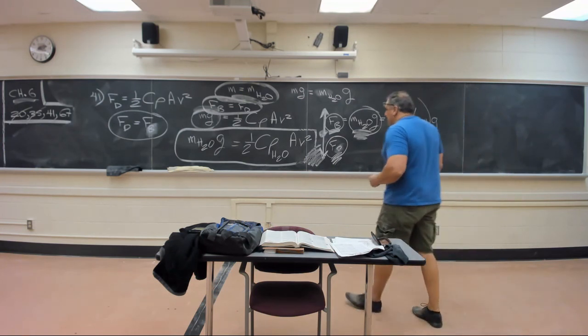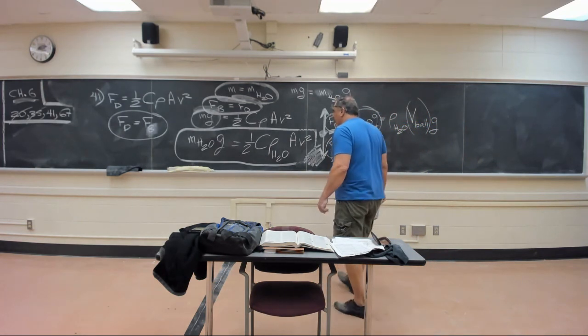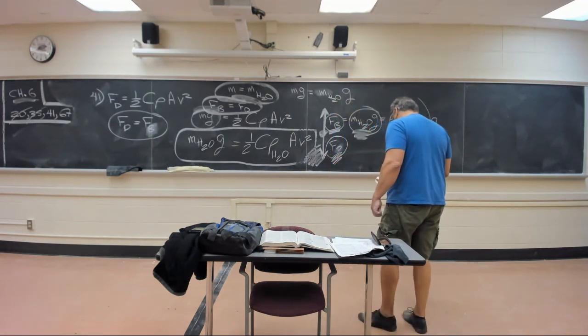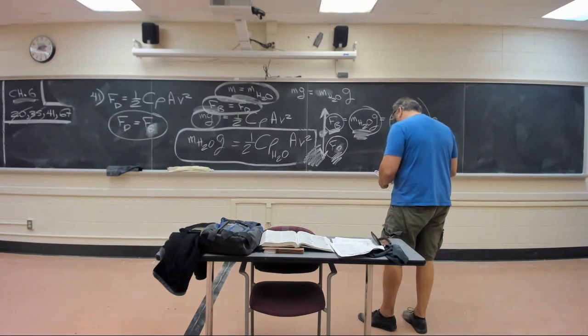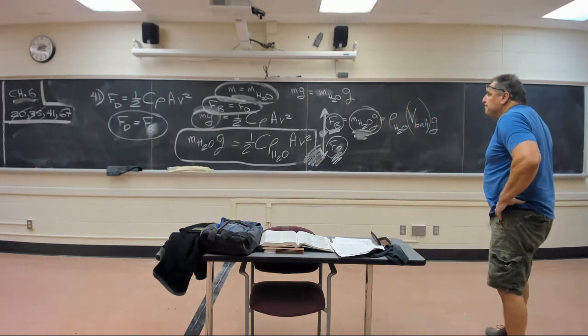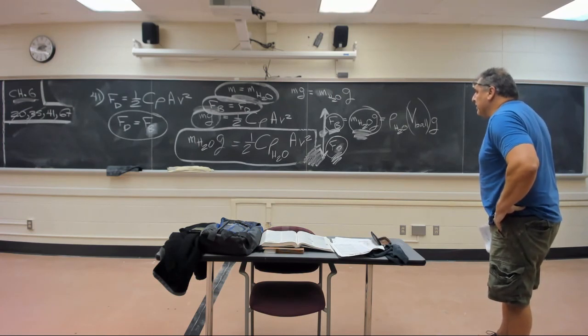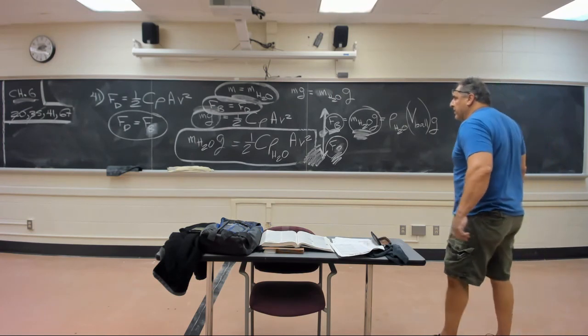My look at it is different. As I'm looking at this right here, we're ignoring that. I'm saying that the buoyant force has to be equal to, I'm going to stay with this a little bit, and let me see what I can say here.